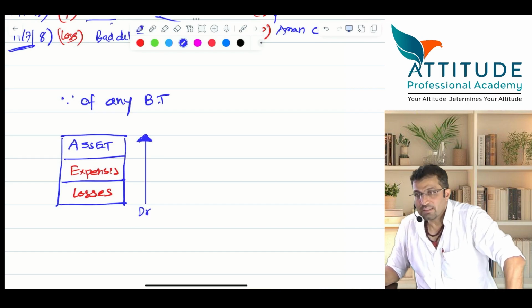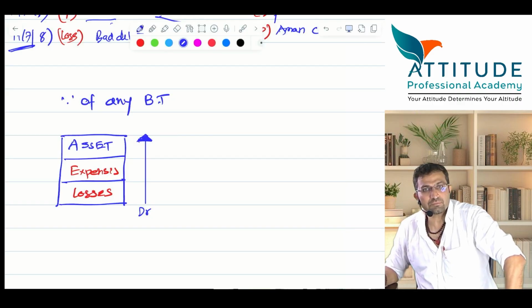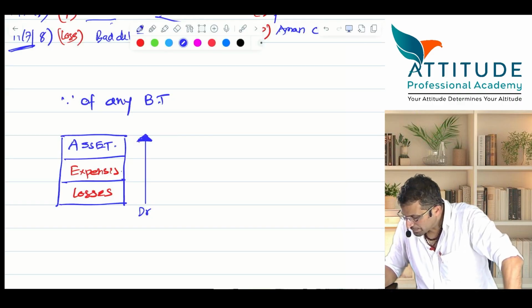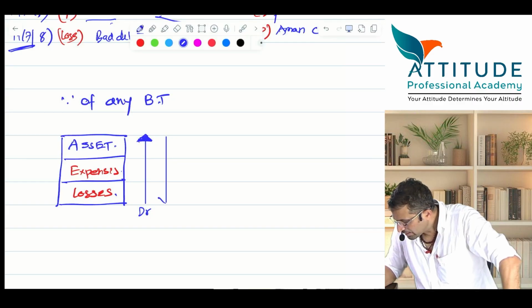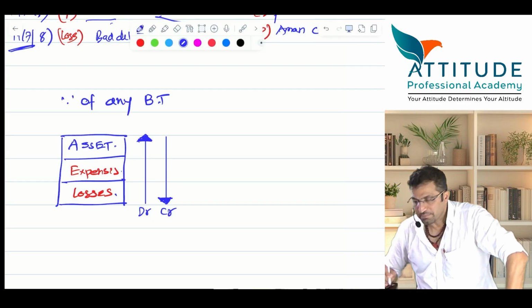Debit that asset, debit that expense, debit that loss. And if the same asset, expense or loss कम हो रहा है बिजनेस के अंदर, then it should be credited.